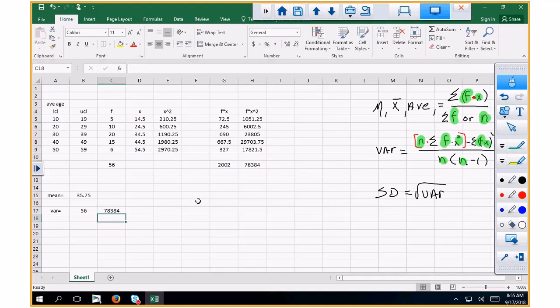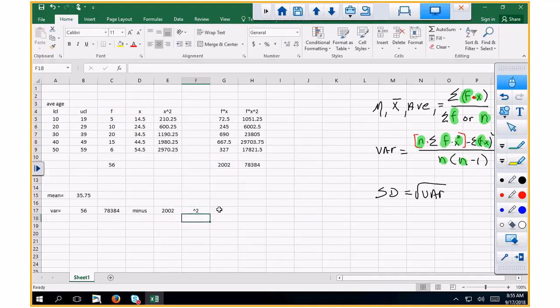Then we're going to minus this number, the summation of F times X, raised to the second power.